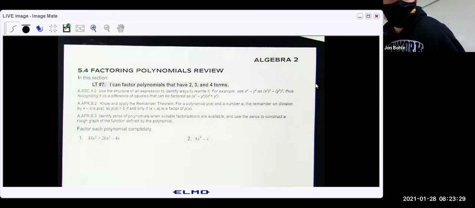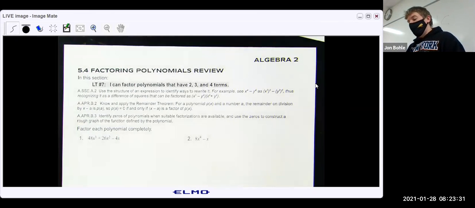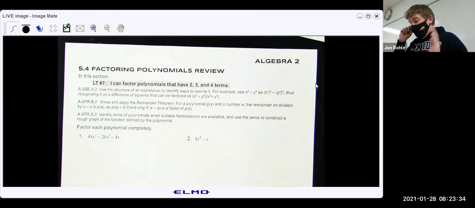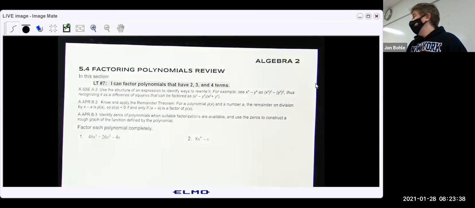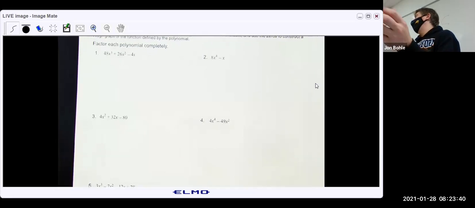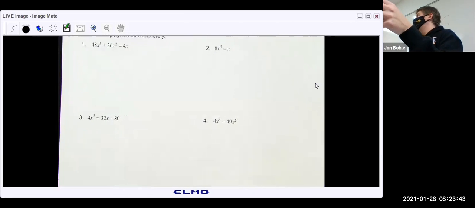Okay. So again, we're just working on the same types of problems. I just want to give us plenty of practice, especially when the instructions are not clear how to factor. All they say is just factor completely.